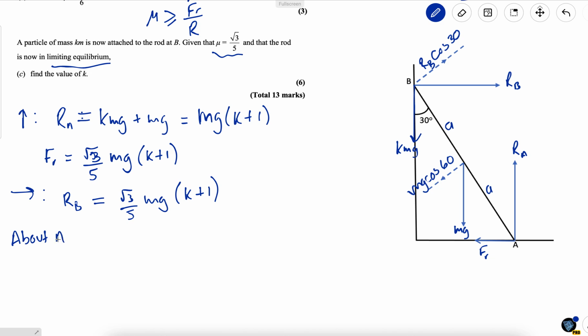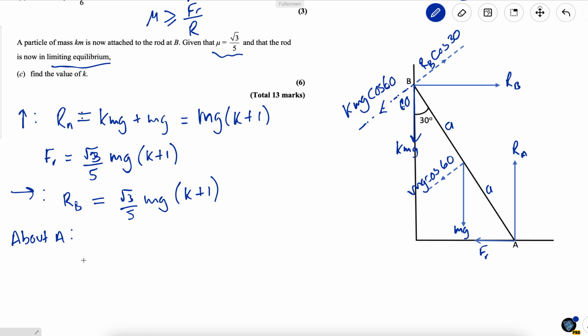So about A. So first of all, I don't have the perpendicular component of kmg, so let me just resolve that. This is a right angle, that's 30, so this is 60, and it's going that way, so kmg cos 60. So now I have my three forces. Anti-clockwise I have these two, balanced with clockwise this one here.